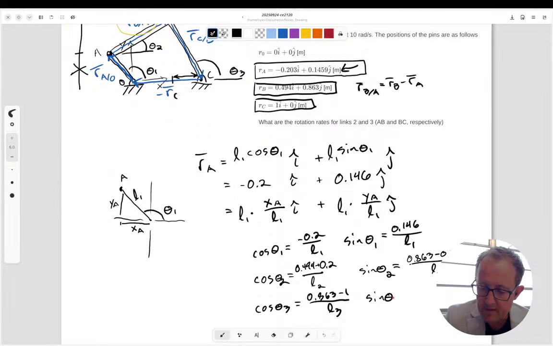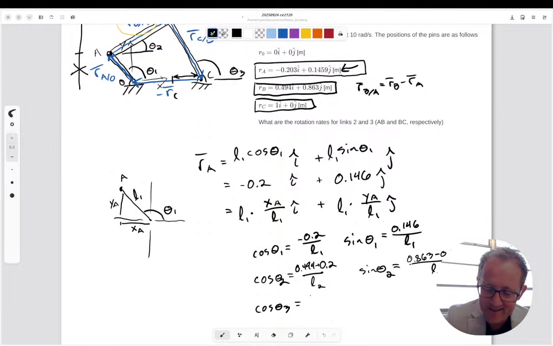And that sine theta 3 is, in this case, that 0.863. Oh, why did I do that? Oh my God, I'm mixing things up. Sorry about that. Let me rewind. All right, redo. I want to take the x component and this x component.